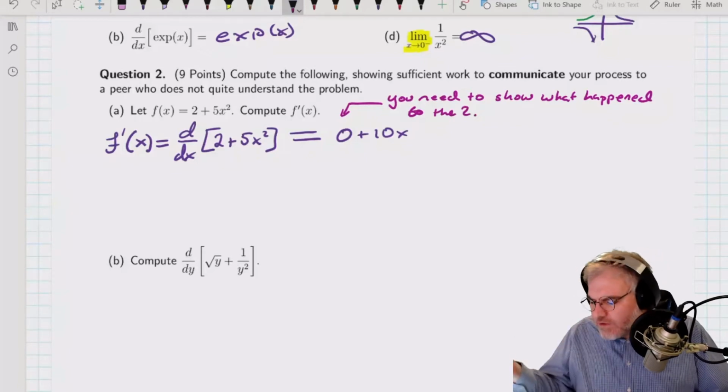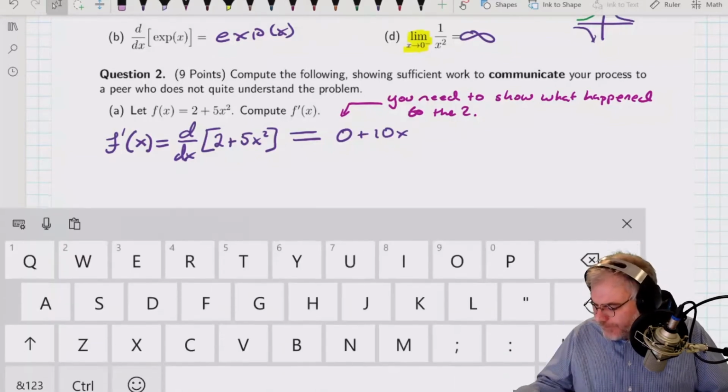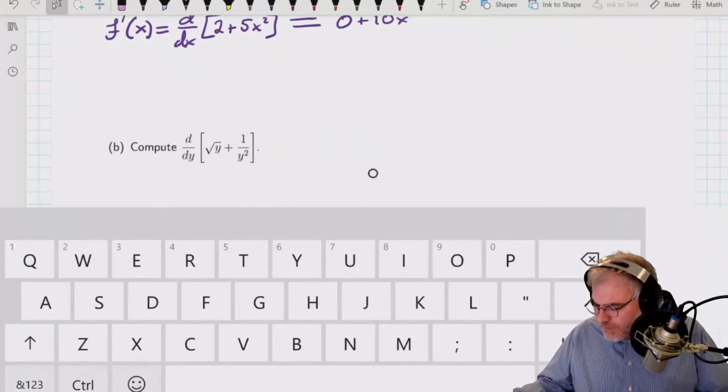Now, you can do a little bit more detail if you want. Okay? So let's say we want a little bit more detail on this.